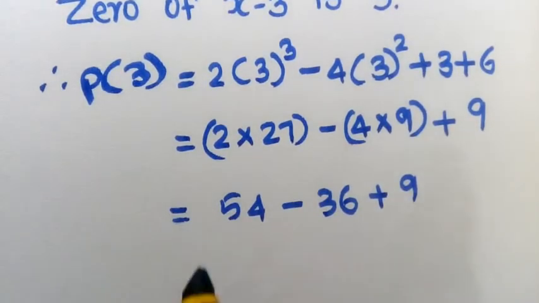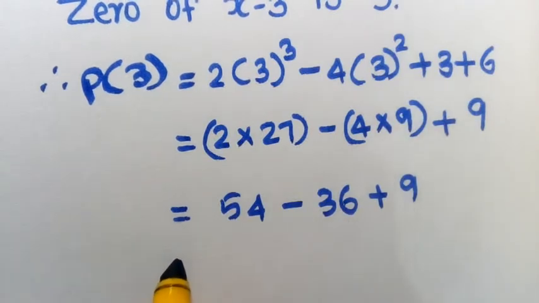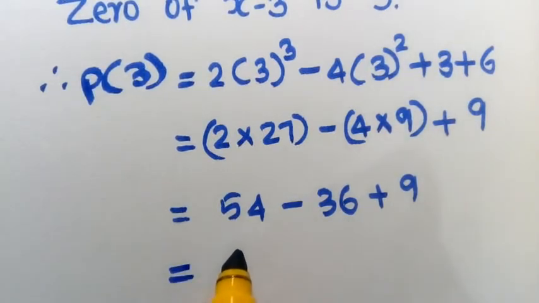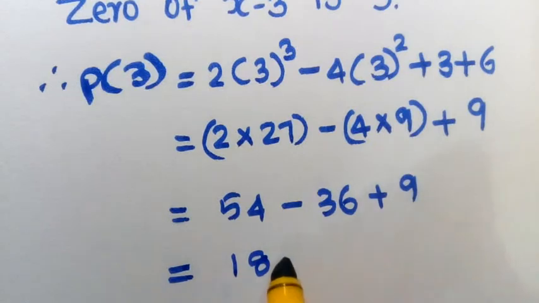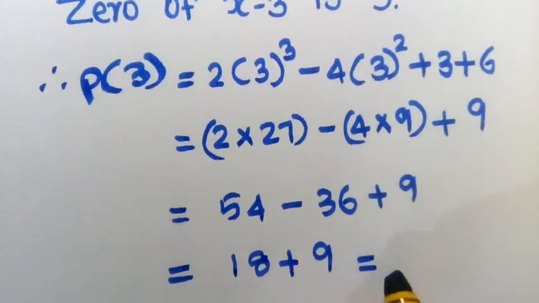Next step is 54 minus 36 is equal to 18 plus 9. What is 18 plus 9? 18 plus 9 is equal to 27.